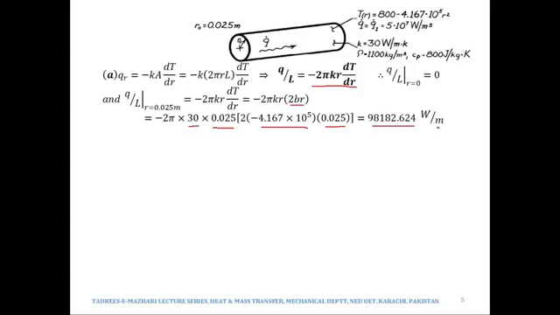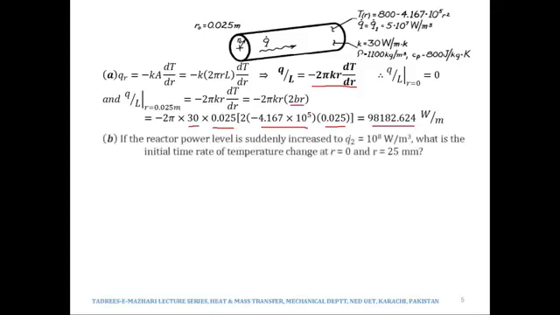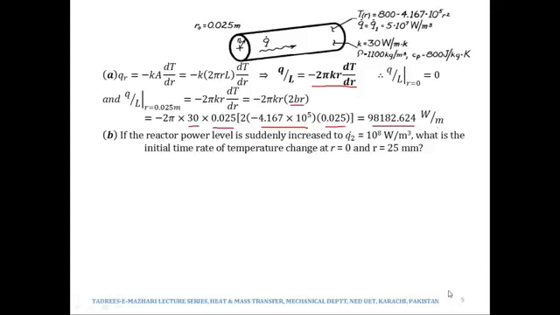Now in part B, we have to find out the time rate of temperature change if the reactor power is suddenly increased to this new value of 10 to the power 8. Try to understand the question.